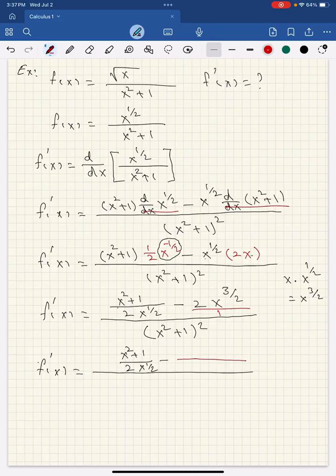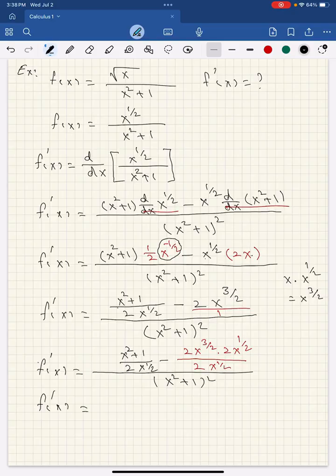I will do that: 2x to the power of 1/2. And the top is 2x to the 3/2 times 2x to the power of 1/2. Now I'll simplify a little bit more. Of course, the denominator stays the same, x squared plus 1 squared.